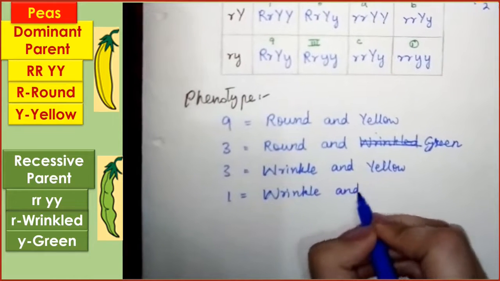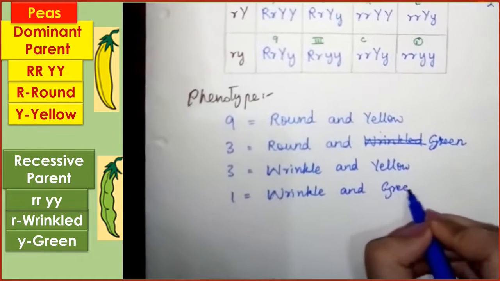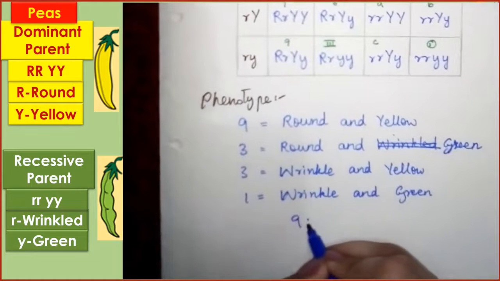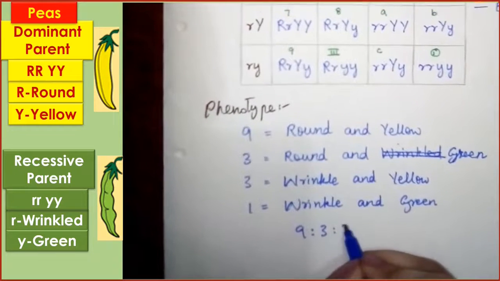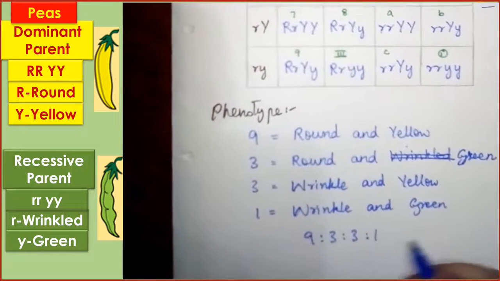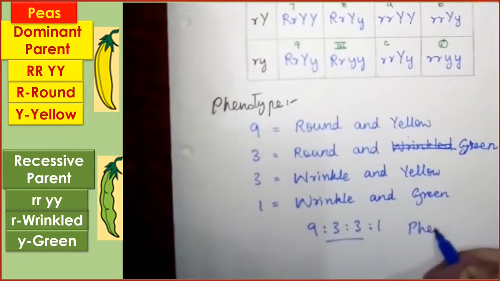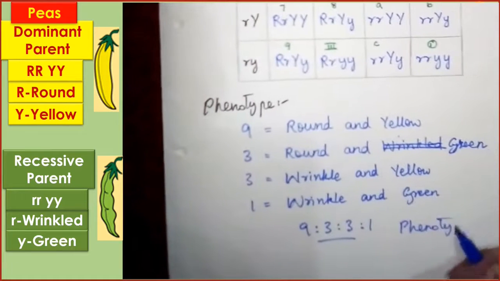So among these 16 offsprings, we get the ratio of 9, 3, 3, 1. This is the phenotypic ratio of the law of independent assortment of chromosomes.